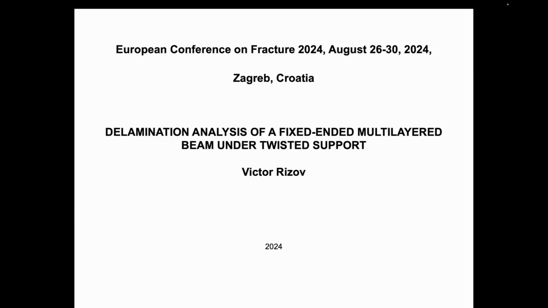The strain energy release rate for the delamination crack is derived. For this purpose, the strain energy in the beam generated by the twisted support is determined and then differentiated with respect to the delamination area.